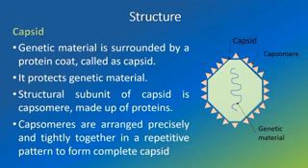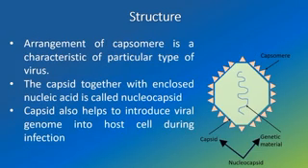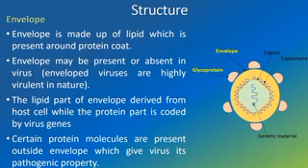The capsomeres are arranged tightly together in a repetitive pattern to form a complete capsid. The capsomere arrangement is characteristic of a particular type of virus. The capsid together with the enclosed nucleic acid is called the nucleocapsid. The capsid also helps introduce the viral genome into a host cell during infection.